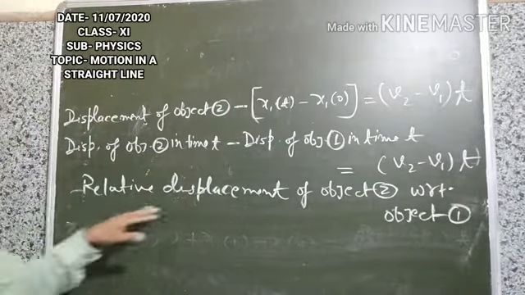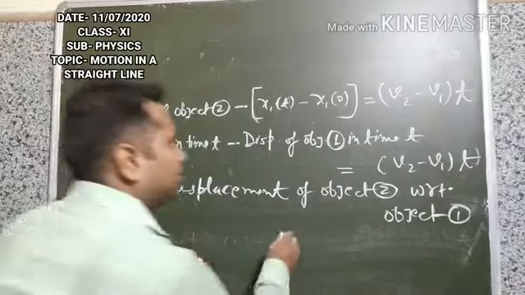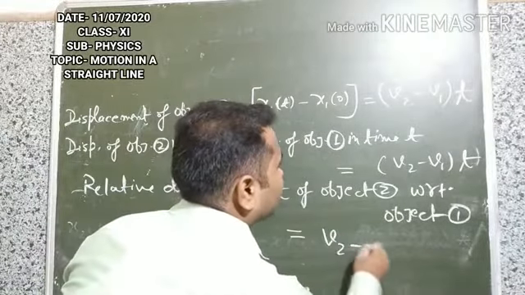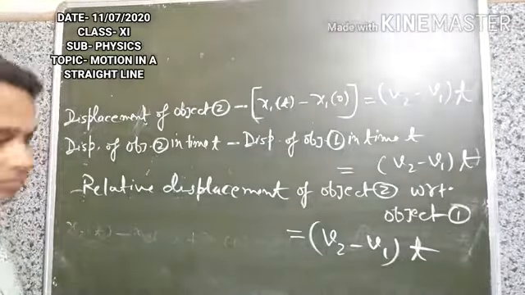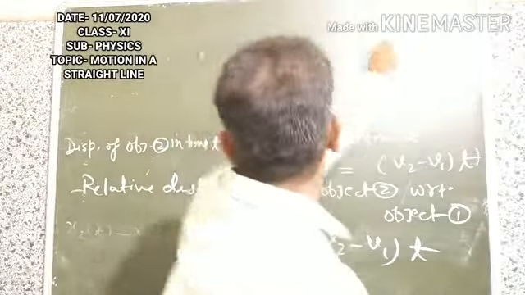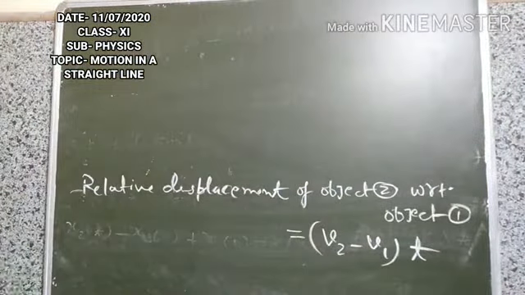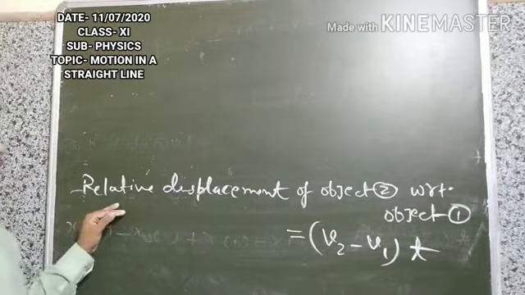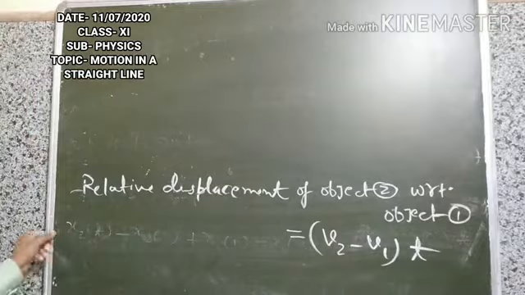Difference of these two will give you the relative displacement of object 2 with respect to object 1. It is equal to v2 minus v1 into t. Now let's see. Let's bring this t to the left side by cross multiplication.